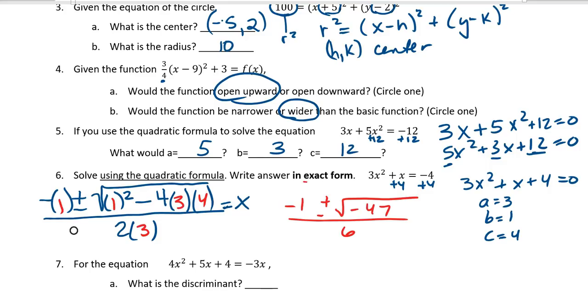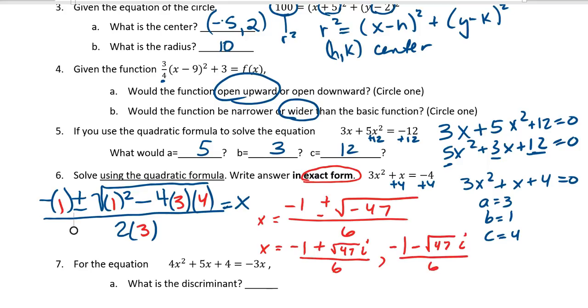Now this problem asks us to write it in exact form because I know you don't have a calculator. So all you need to do is write negative 1 plus, and then let's make this a complex number, square root of 47i, all over 6. And then the other side, negative 1 minus square root of 47i, all over 6.